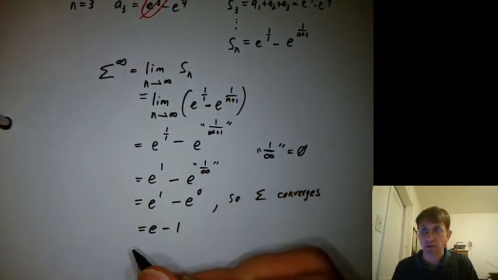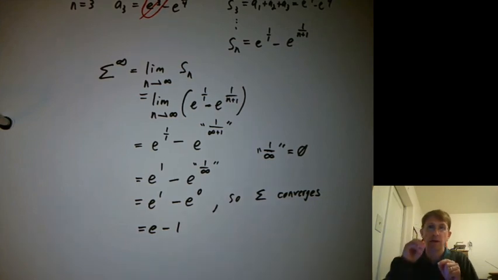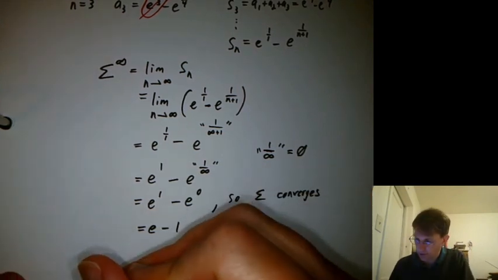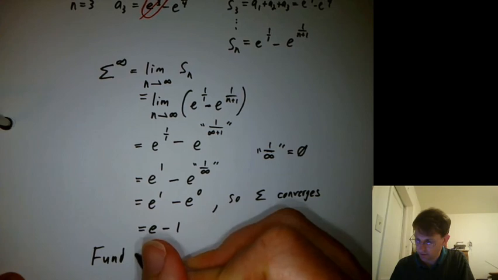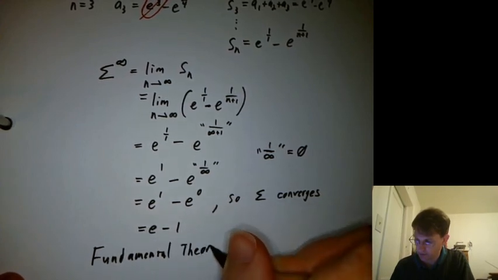And here's the surprising thing. The fundamental theorem of calculus is actually a continuous version of telescoping sums, because taking derivatives is like doing the y value here minus the y value here divided by delta x, and then you're adding to that because you're integrating the y value here minus the y value there, and so you get y values canceling all the way along. So let's write that down. Fundamental theorem of calculus.